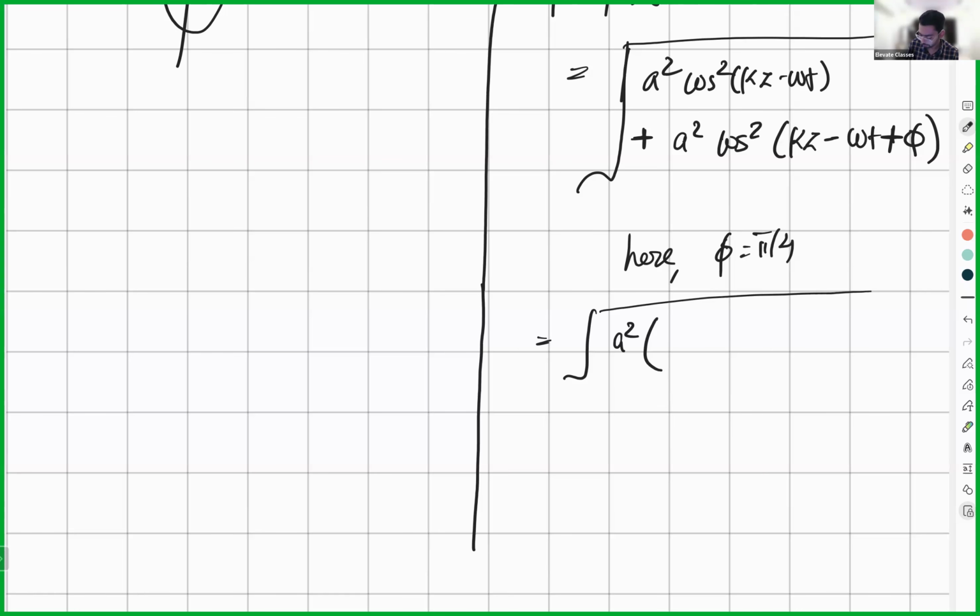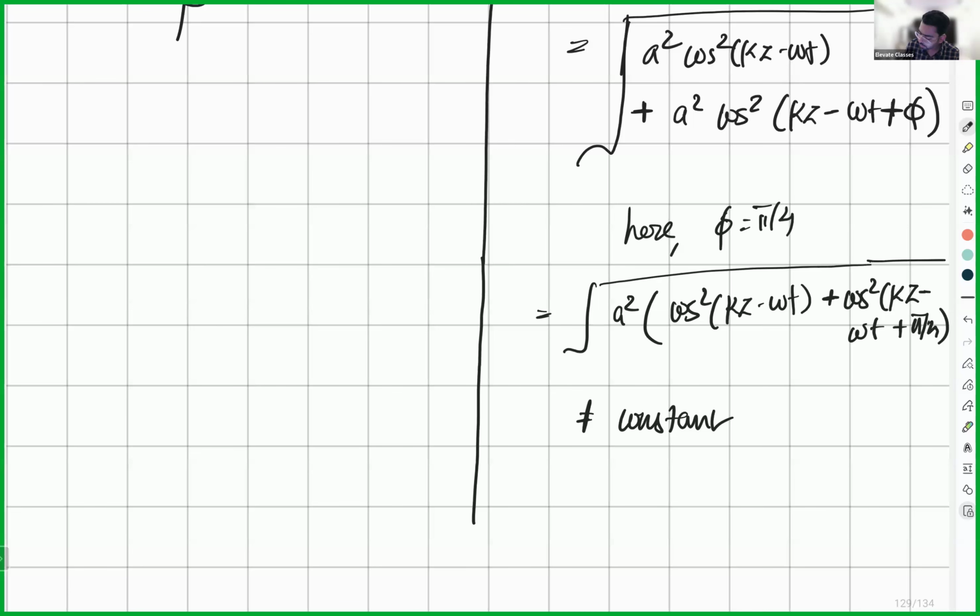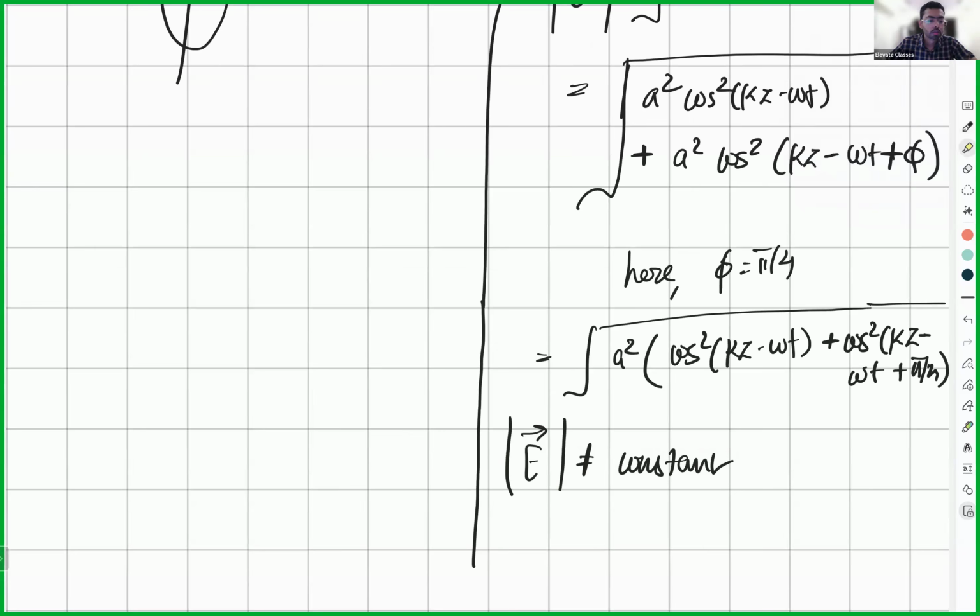Again, not a constant. So it is an elliptically polarized light. This is how it becomes an elliptically polarized light.